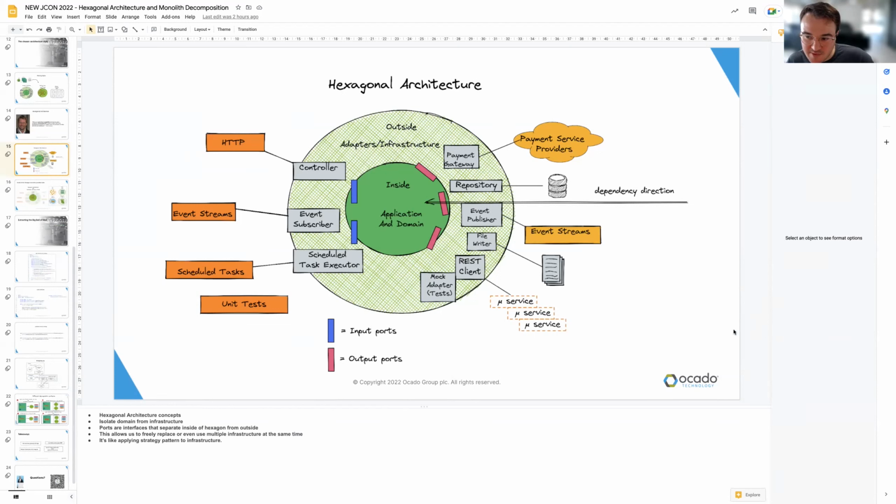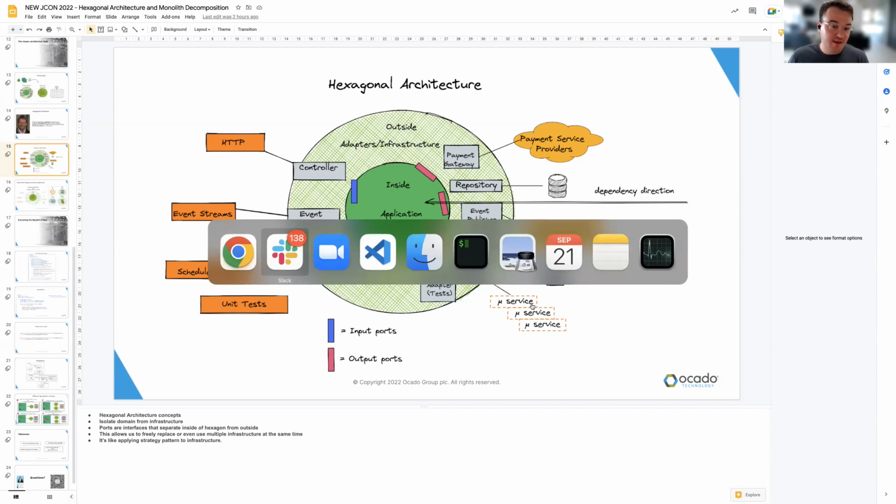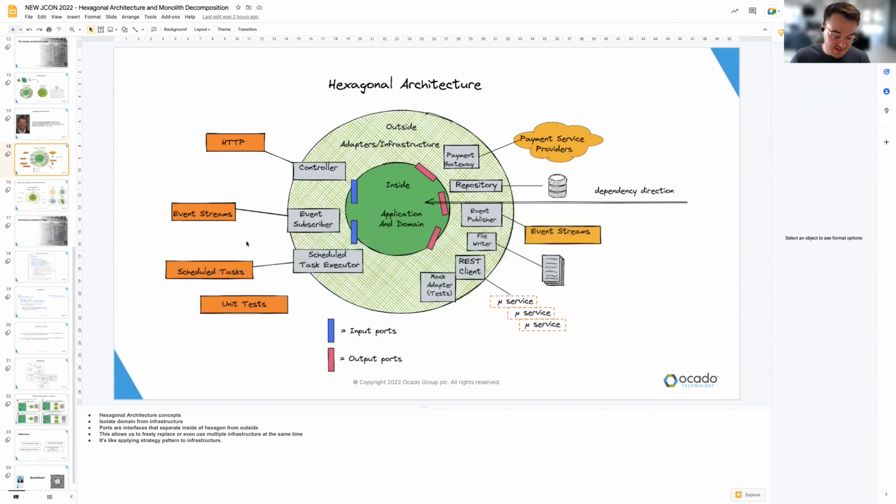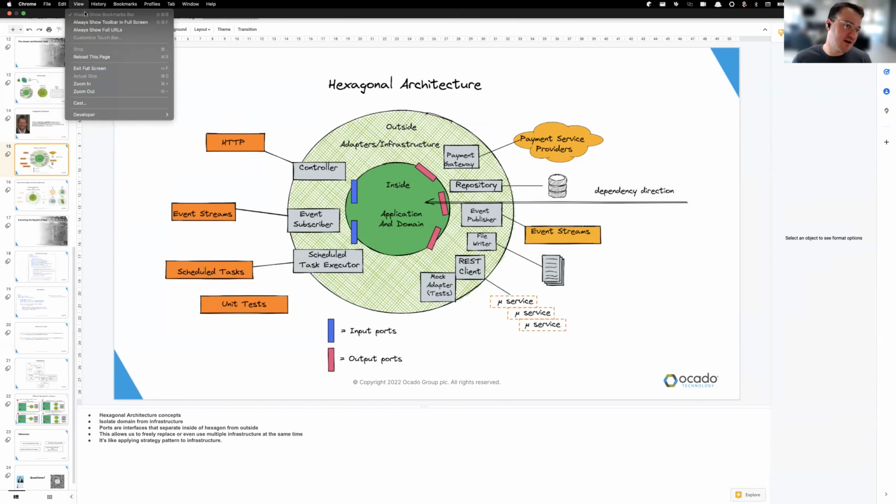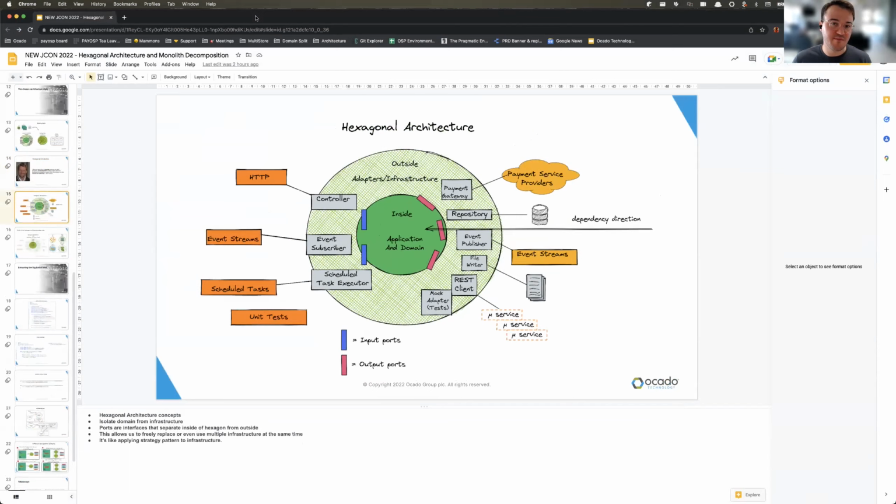Is there a good public and complex enough example for Hexagonal? From Serafina. Well, there is a website that Alistair Cockburn himself recommends quite a lot, and I think there are samples there.